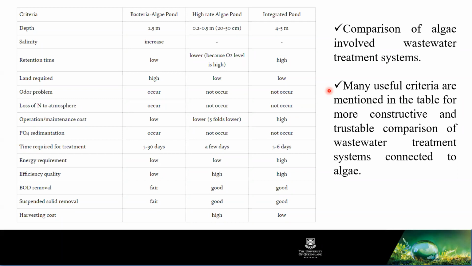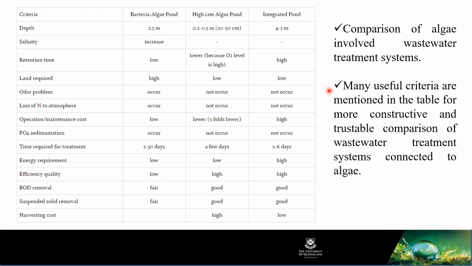Loss of nitrogen to the atmosphere is not at all possible because algae completely consume nitrate and grow; that's a major nutrient for its growth. Maintenance cost is very low compared to other processes. It's like agriculture, maintenance is very little. Phosphate sedimentation definitely does not occur, since it takes up phosphate as well, another important nutrient for algae.